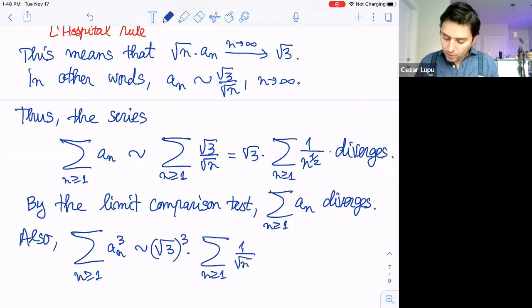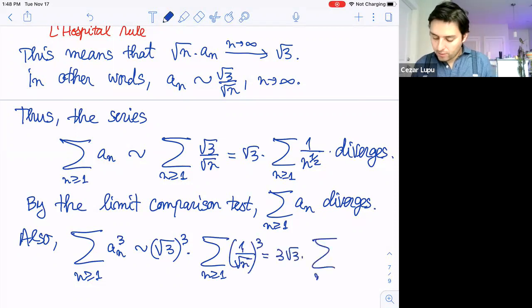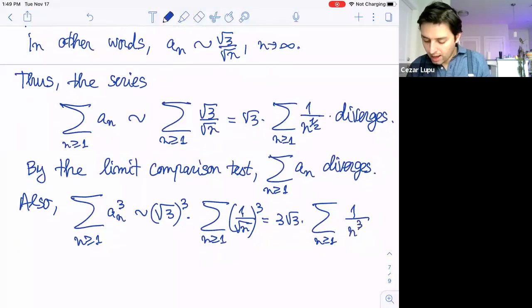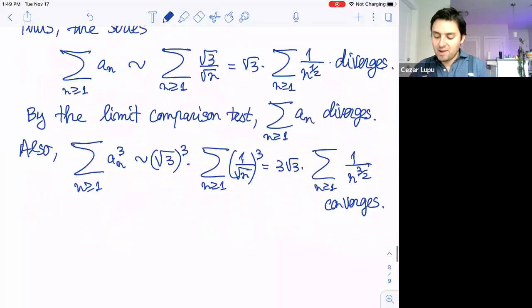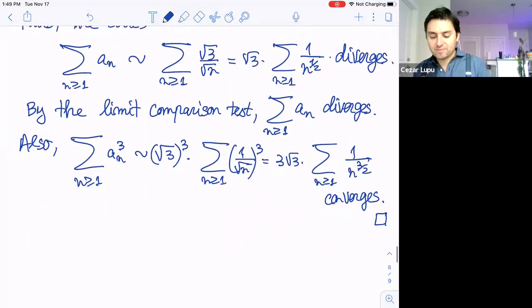One over square root of n cubed, and this would be 3√3 times this series, 1 over n to the power 3/2. Now, what can you tell me about this series? This guy will converge because it is the generalized harmonic series, but with the exponent greater than 1, and that's the problem. See, it was tricky.